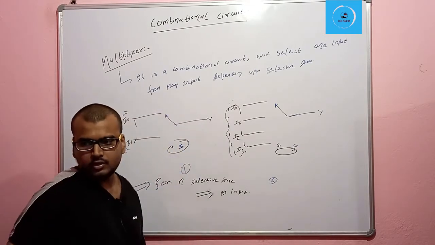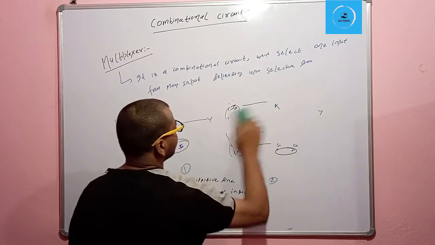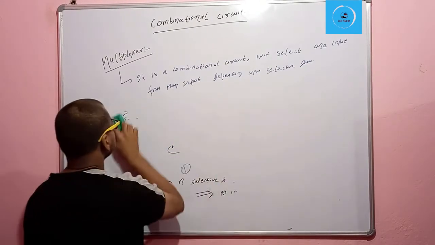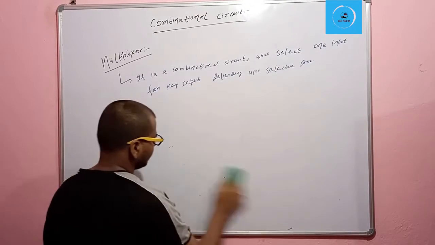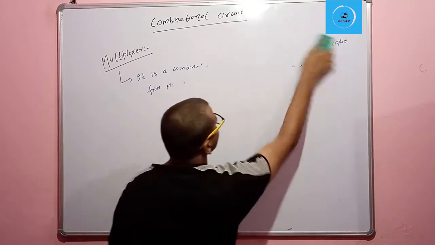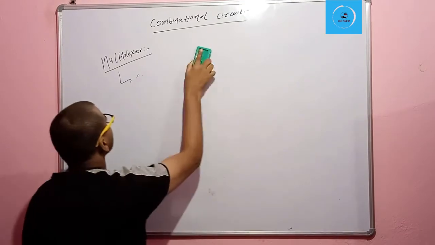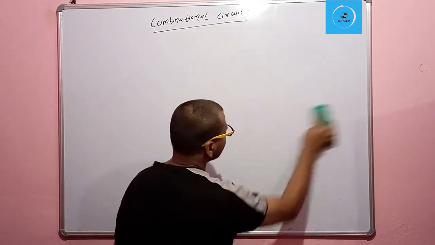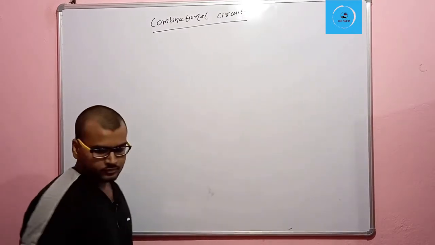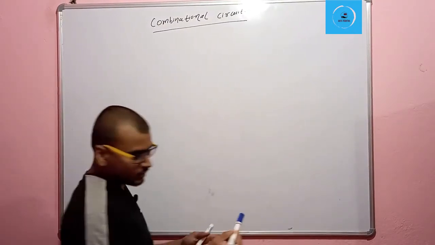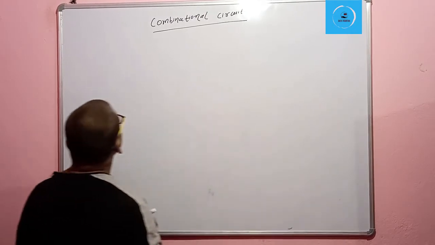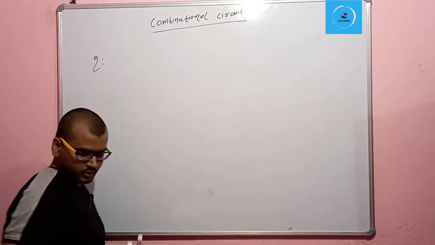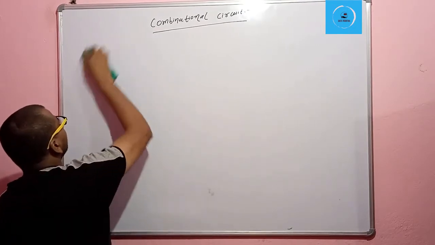Now we are going to see the 2:1 multiplexer. So here we are going to see the 2 to 1 multiplexer.